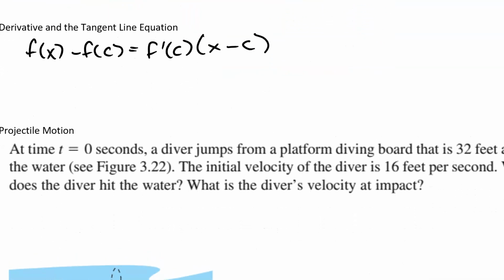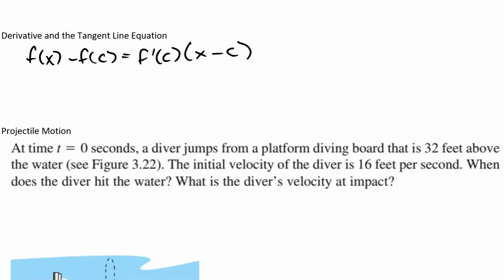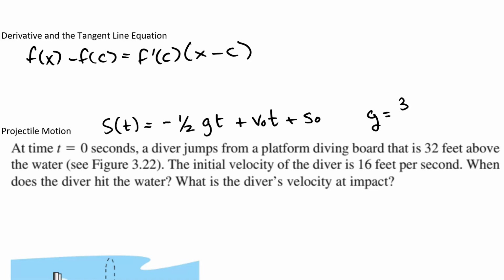Projectile motion has an equation that we're going to be looking at, which is s of t equals negative 1/2 g t squared plus v0 t plus s0. This g is going to be gravity, and that's going to depend on the unit. So it's 32 feet per second squared, or 9.8 meters per second squared.